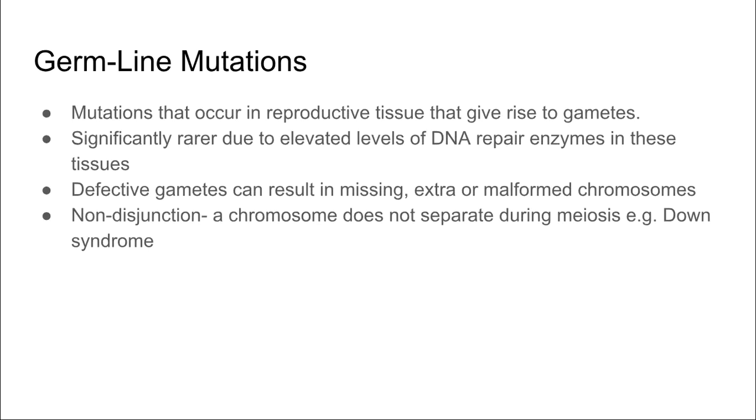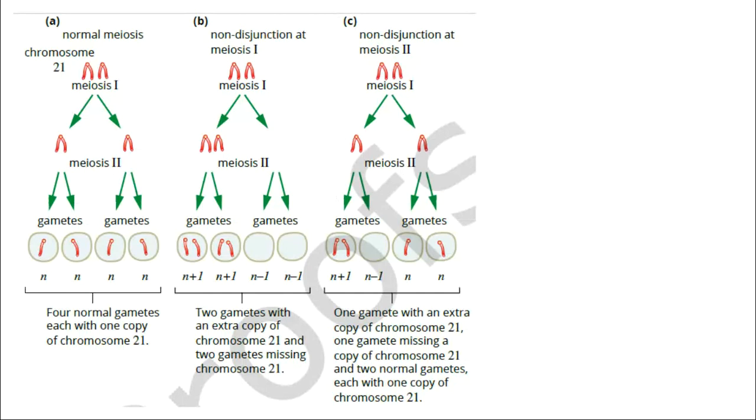One example is non-disjunction, where a chromosome does not separate from the other during meiosis, and this is what we see happening when someone inherits Down syndrome. So we can see here, instead of our gametes all having one chromosome, some of these have not disjoined properly in the right place, so we can see a change in the chromosomes the gametes produce.